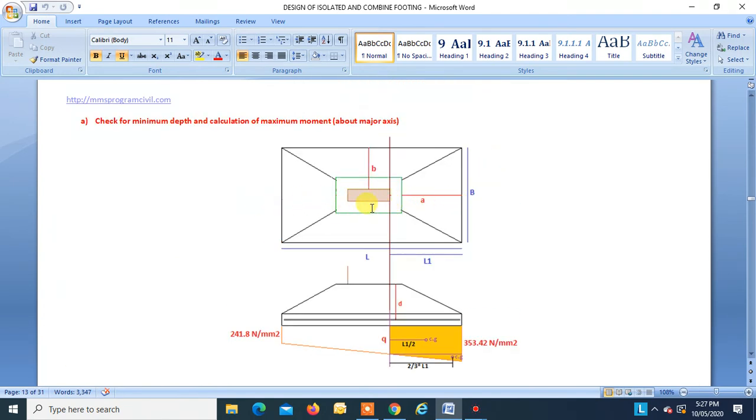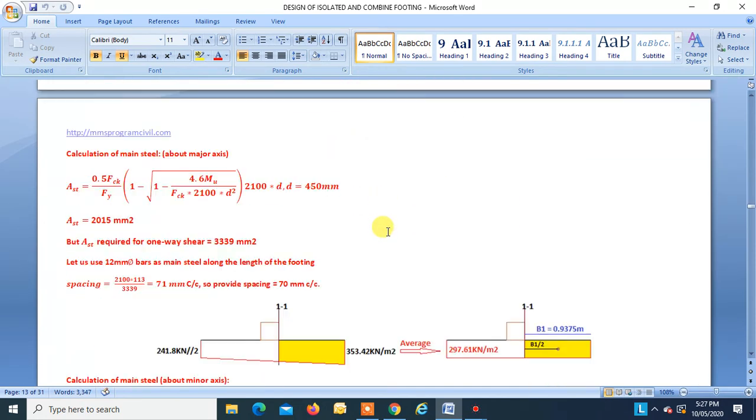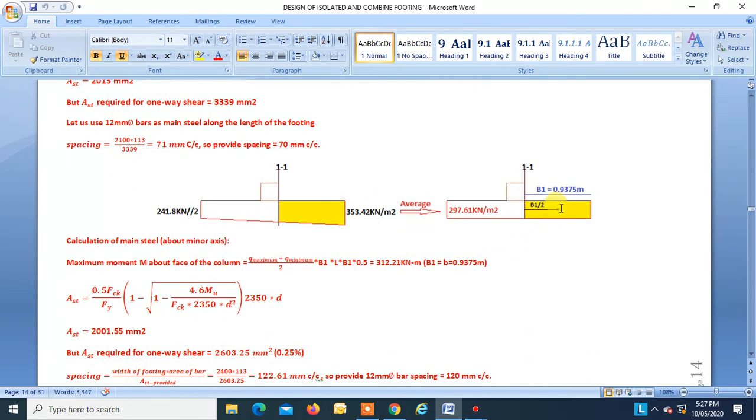This L into B is the area, and area into Q average will be the force acting at this point. So Q max plus Q min divided by 2, that is this average, into B1, that is our small b, B1 and B are the same, into L. That will give the actual upward force due to the upward soil pressure.